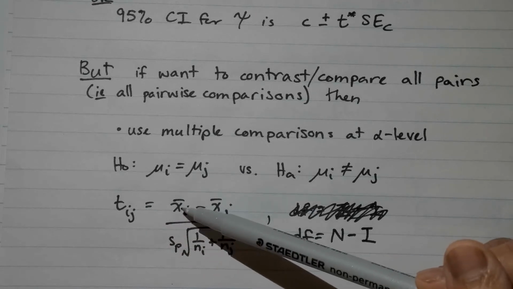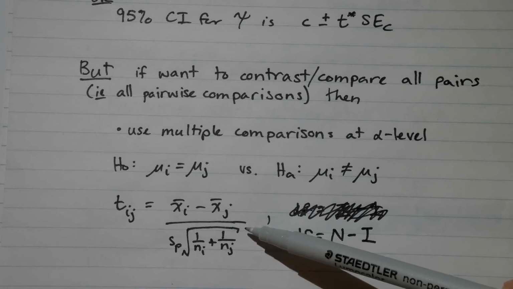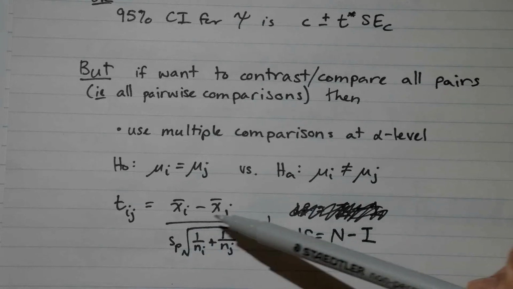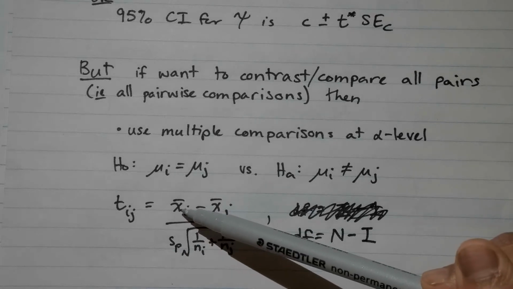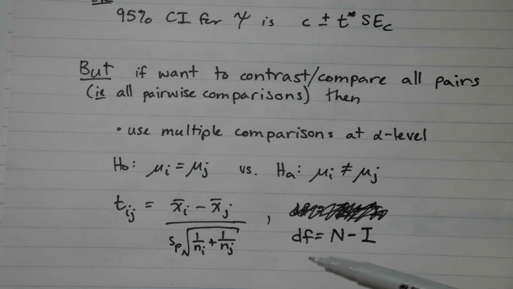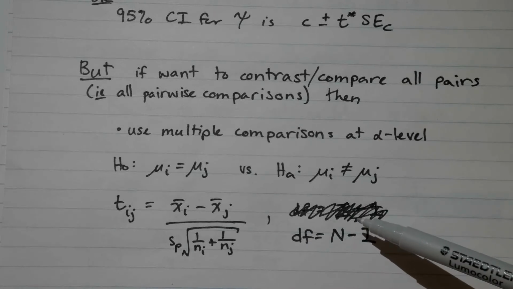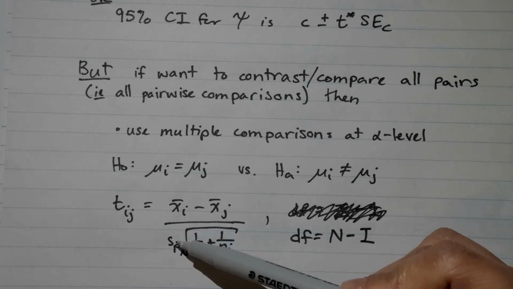It is equal to x bar i minus x bar j divided by the standard error for that difference, which is S_p times the square root of 1 over the sample size for the ith group plus 1 over the sample size for the jth group. And again, it's based on N minus I degrees of freedom because it's inherited from this S_p.